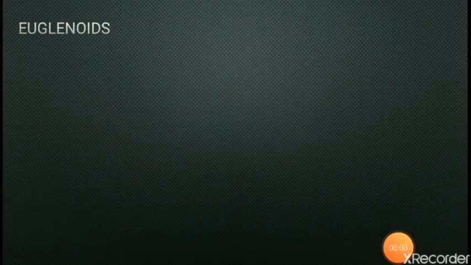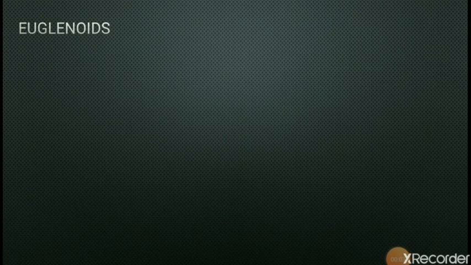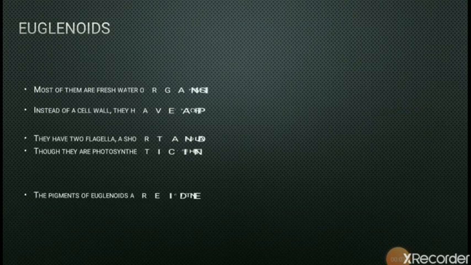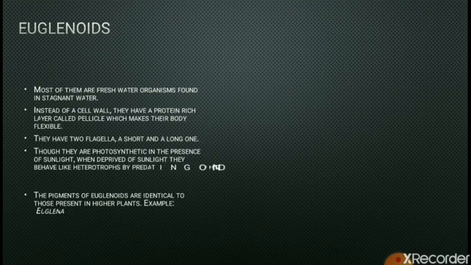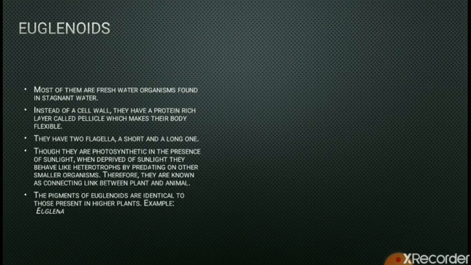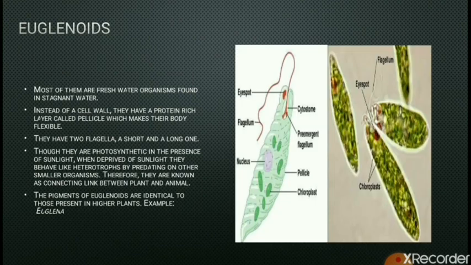The next category of kingdom Protista is euglenoids. Most of them are freshwater organisms found in stagnant water. Instead of a cell wall, they have a protein-rich layer called pellicle, which makes their body flexible.